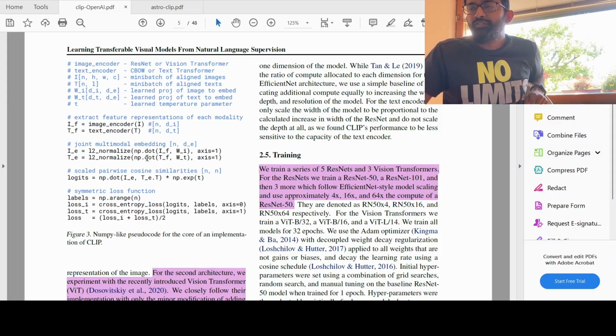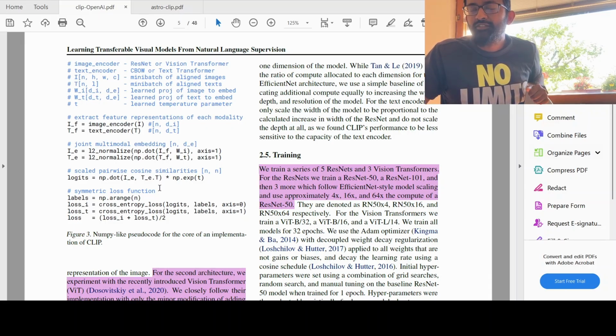So what you are seeing here is that we are taking a dot product of the image encoder output, I_f, with this learned projection of the image to the embedding. Similarly, we do the same for the text.